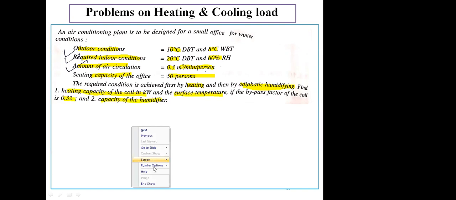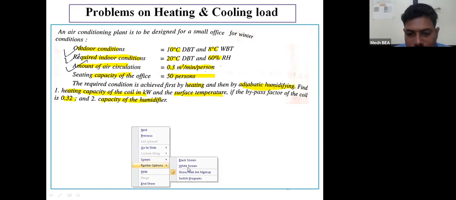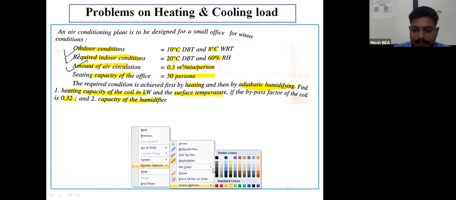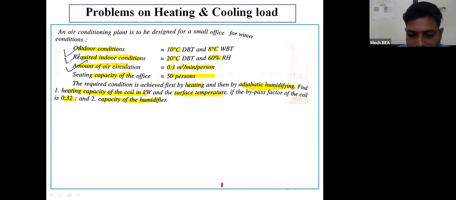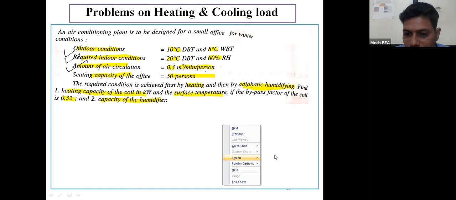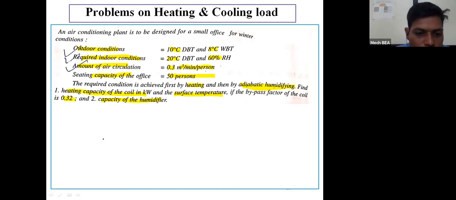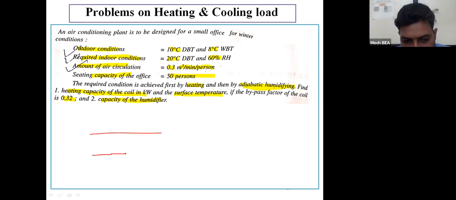For better understanding of this problem, we will represent it in a line diagram. As we know that we have to design the air conditioning system, for having the treatment on the air, we should have the air handling unit. Suppose this is the air handling unit.